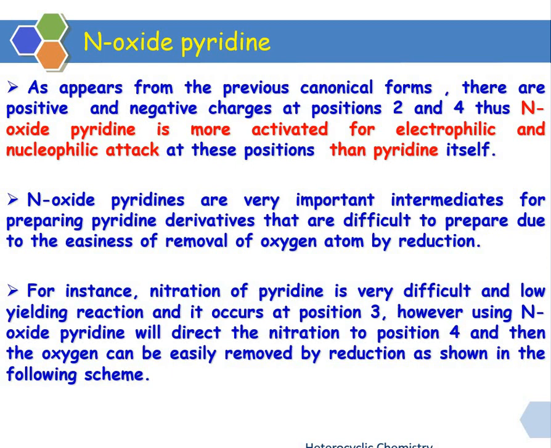For instance, nitration of pyridine is a very difficult and low-yielding reaction, and it occurs at position 3. However, using pyridine N-oxide will direct the nitro group to position 4, and then the oxygen can be easily removed by reduction, as shown in the following scheme.